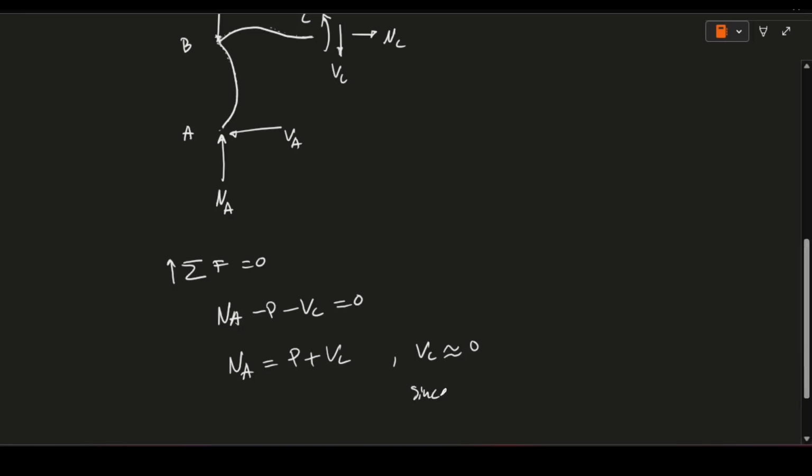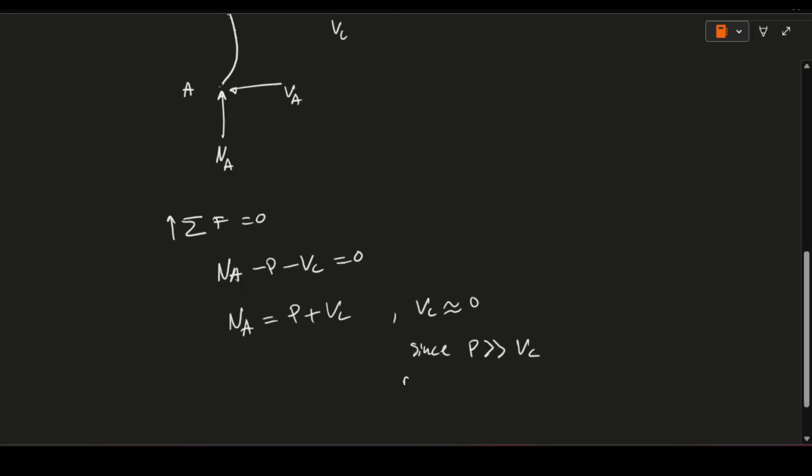Since P is so much greater than VC, VC will not contribute to the buckling of AB.